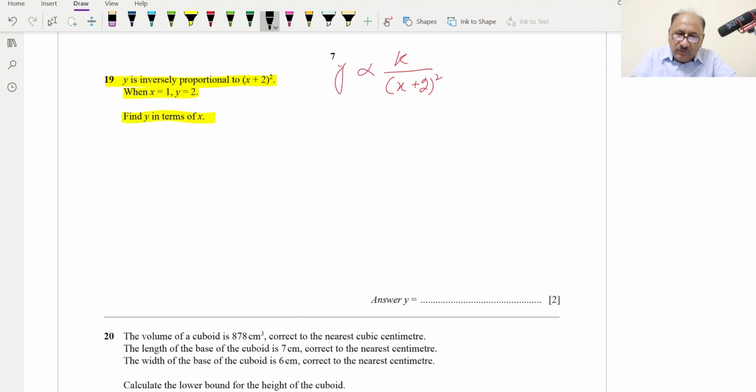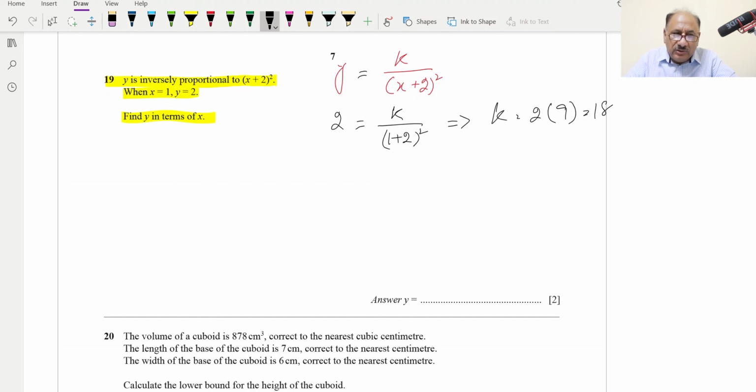So first of all, these 2 values: x is equal to 1 when y is equal to 2, so 2 is equal to k over 1 plus 2 squared, so this implies k is equal to 2 into 3 squared, which is 9, so it is equal to 18.